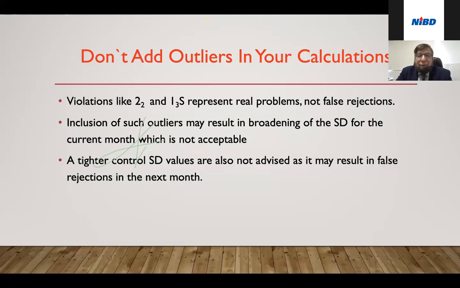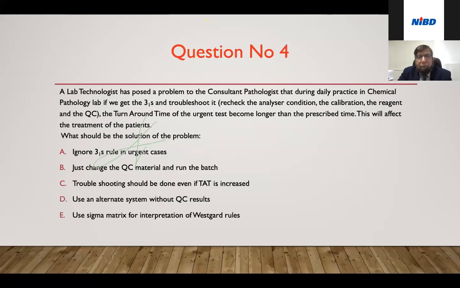So you may add the 1 2S value, but not 2 2S or 1 3S values, because they are real outliers. If you could not understand this point, this is a very important subtle message, then you can ask me personally.